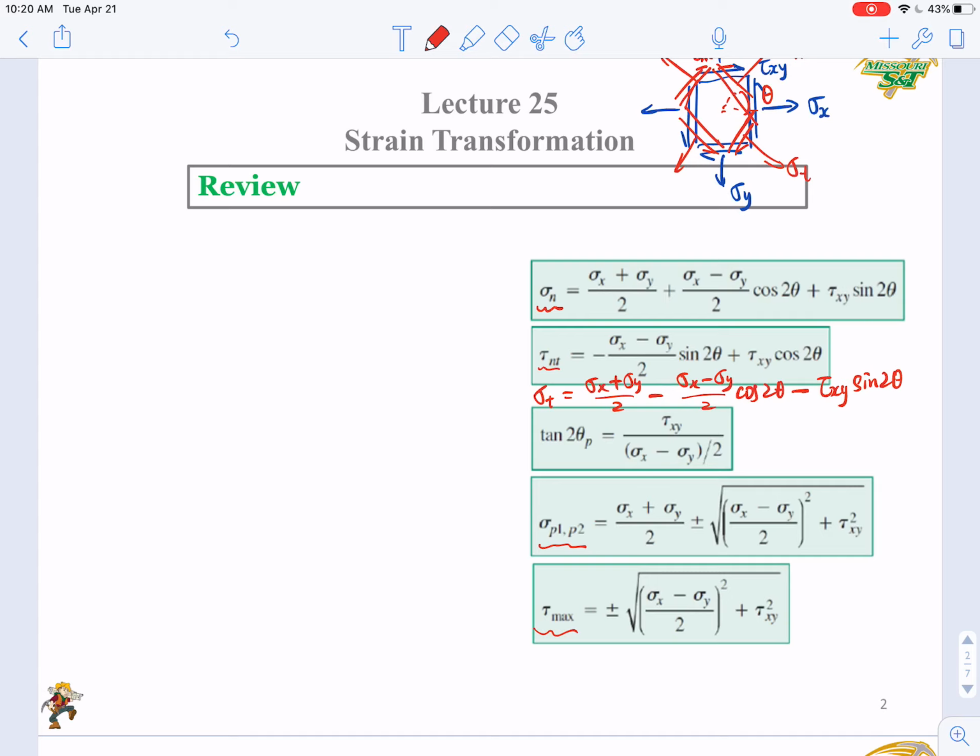Okay, we can also find out these values through a Mohr circle, or you can also do stress transformation in a Mohr circle. Okay, just let's review the whole process, since later you will use this process to draw the strain Mohr circle. Okay. So first of all, we need to determine a coordinate system.